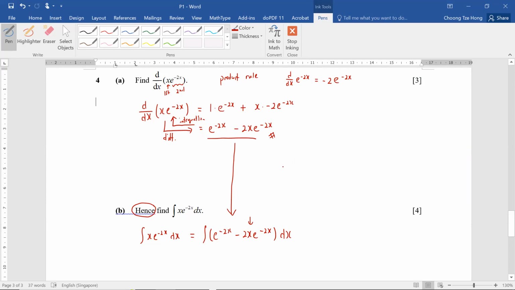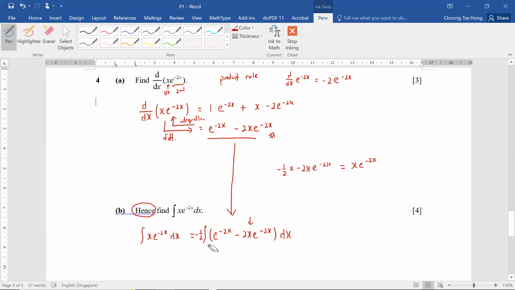So we need to ask ourselves, what times negative 2x e to the power of negative 2x will give me what the question wants? The answer will be negative half. As such, I will need to put a negative half in front.